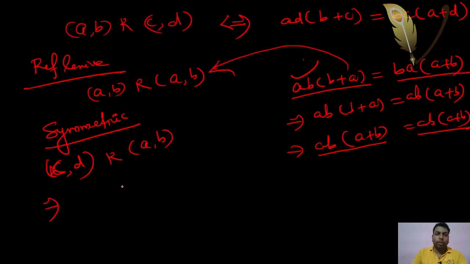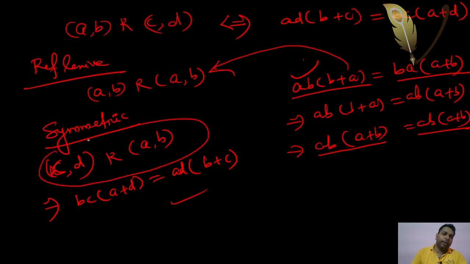That implies we need to show bc(d + a) equal to ad(c + b). So this is the same, ad(b + c) equal to bc(a + d), this is obvious. So that implies (c, d) related with (a, b). So (a, b) related with (c, d) implies (c, d) related with (a, b). So it is symmetric.